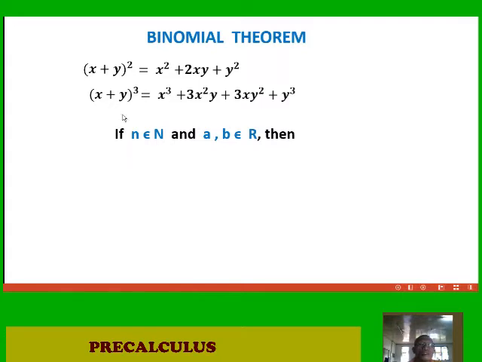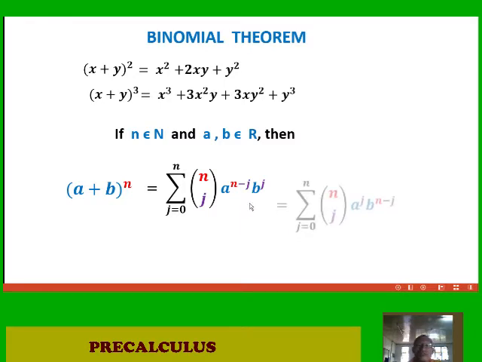But when the exponent of the binomial is more than 3, let n be an element of the natural numbers, and a and b be elements of the real numbers, then the binomial a plus b raised to the nth power is equal to the summation of the terms, where inside the parenthesis in g is the coefficient of every term in the expansion of the binomial.